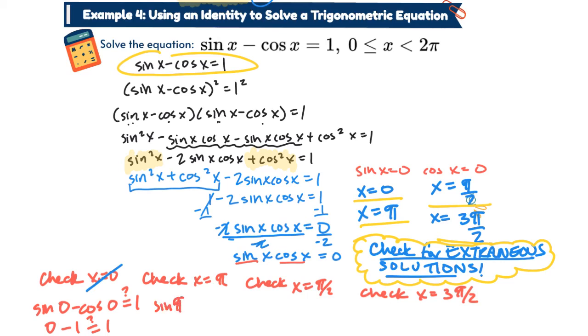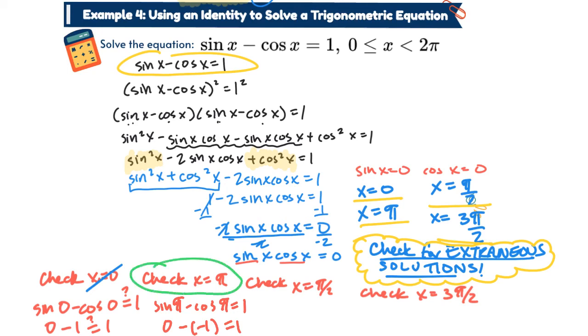Sine pi minus cosine pi equals 1. Sine pi is 0. Cosine pi is negative 1. 2 negatives will cancel. 0 minus negative 1 is 1. 1 equals 1. So that's true. That one checks out. This is a viable solution.